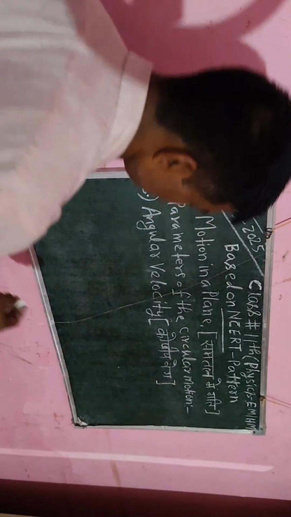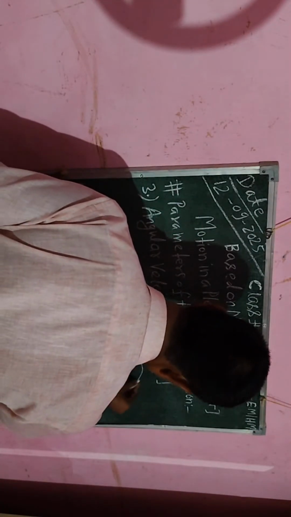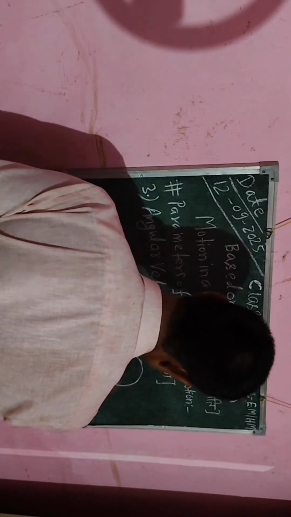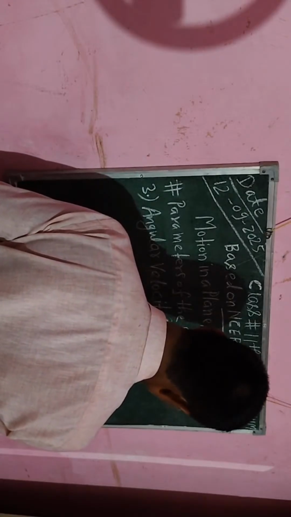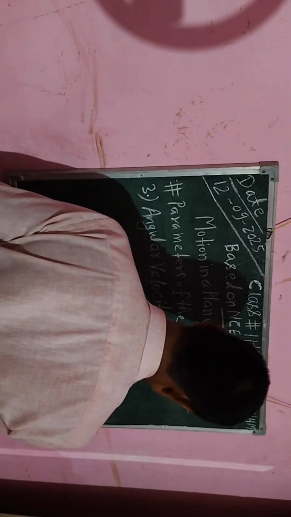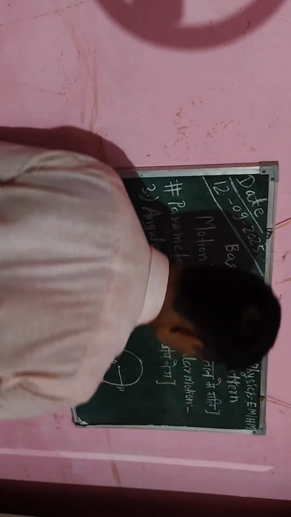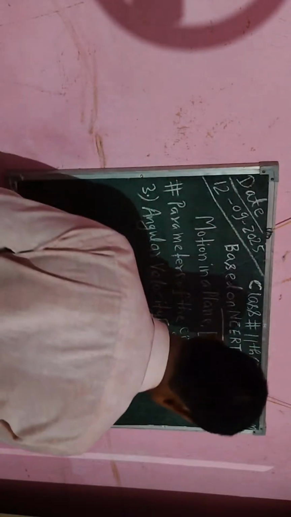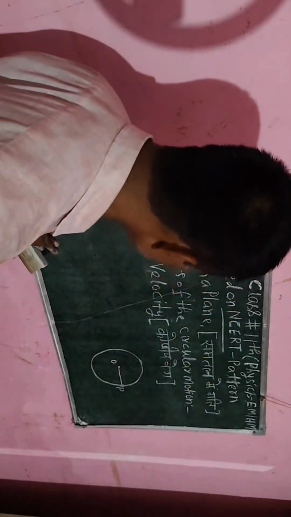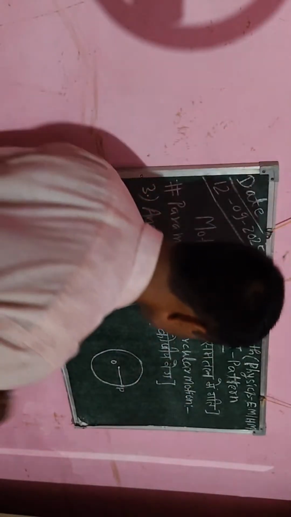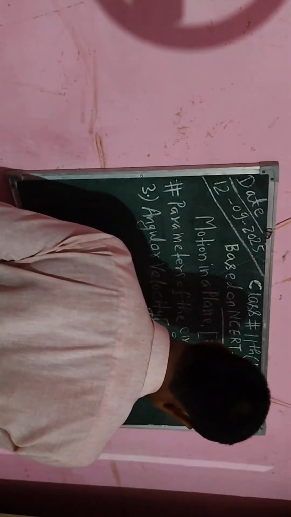So here I will draw a diagram that is related to angular velocity. I will say this is the center, that is O, and I will take a point which is available on the periphery of the circle, so that point I will call E. Now I have to calculate angular velocity, which is represented with omega.